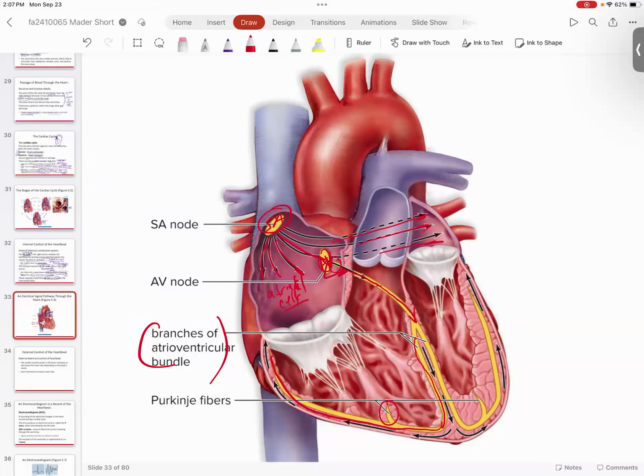And Purkinje fibers will basically sneak in and infiltrate all these little nooks and crannies of the inner portion of the myocardial muscle. The left branch will wrap around the left side, doing the exact same thing. These Purkinje fibers will infiltrate and basically invade every nook and cranny. So there's not a single cardiac muscle cell that doesn't hear this contraction signal all at once.